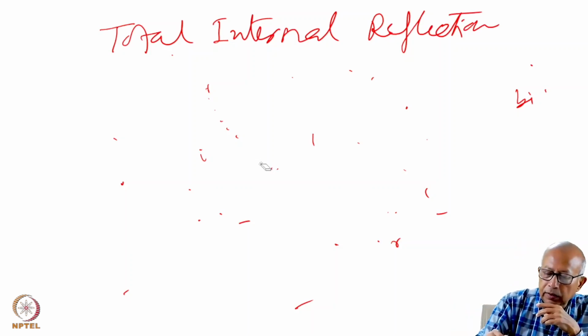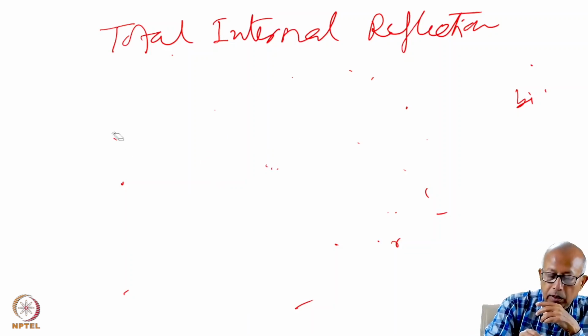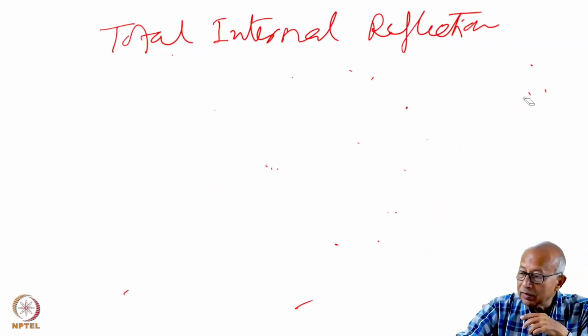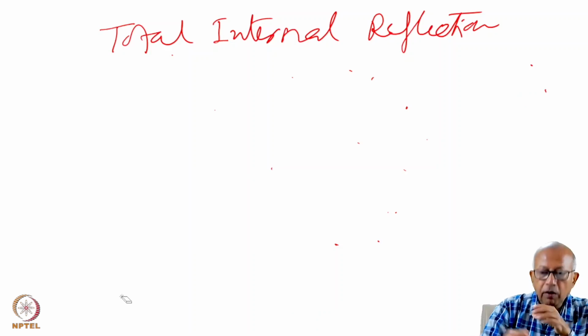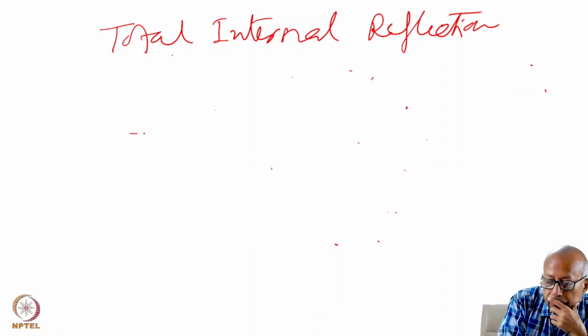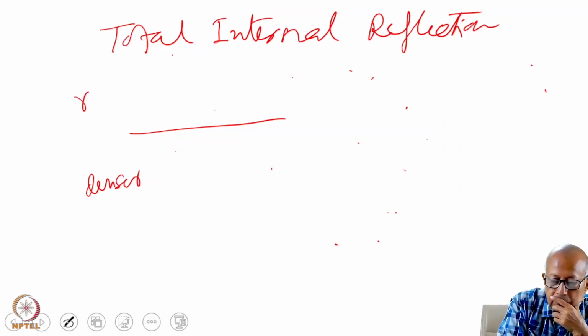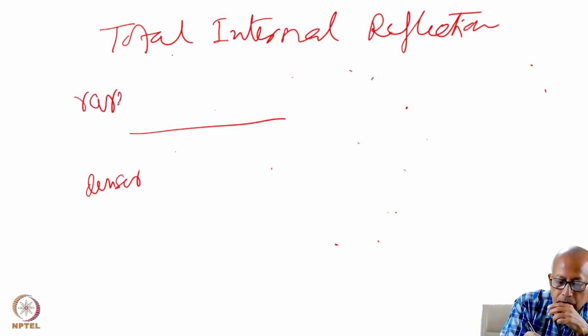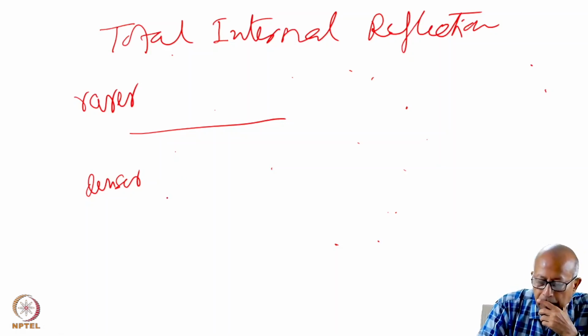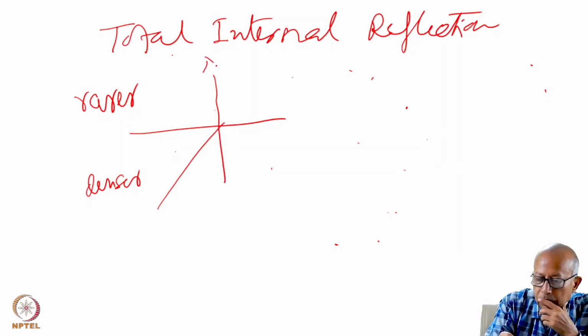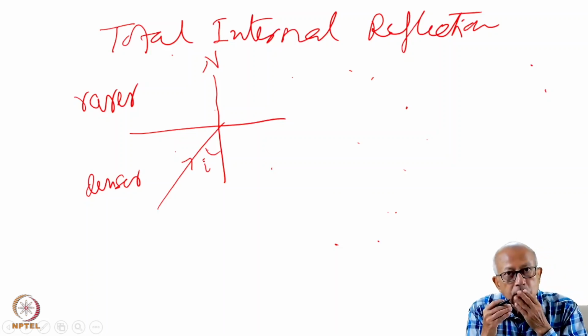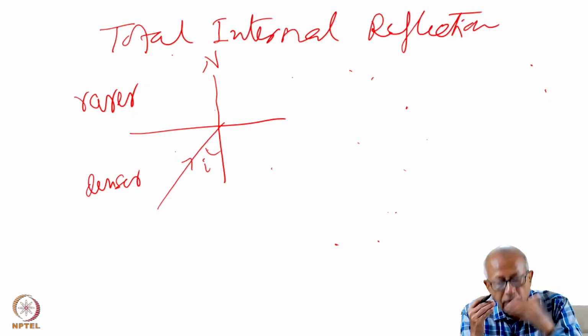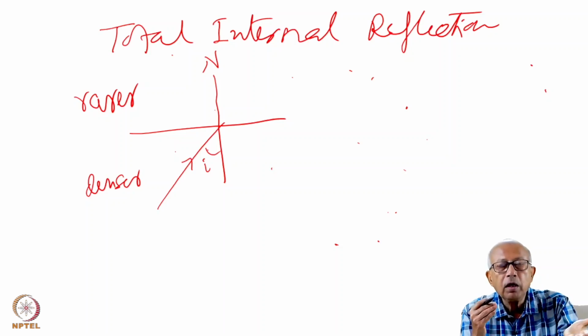For this, we will once again begin from the refraction of light, but in this case, light travels from denser to rarer. So, this is denser and this is rarer. Light travels from denser to rarer. This is going up. This is the angle of incidence. If light travels from denser to rarer medium, light will have to bend away from the normal. We just saw, it directly follows from Snell's law.